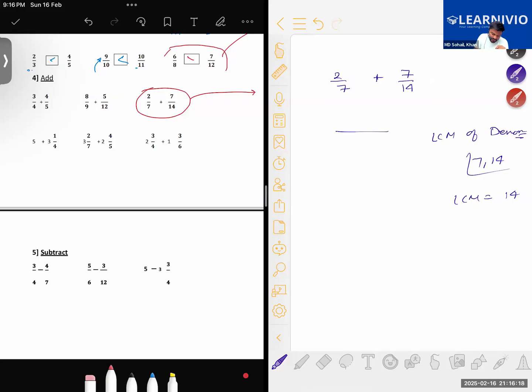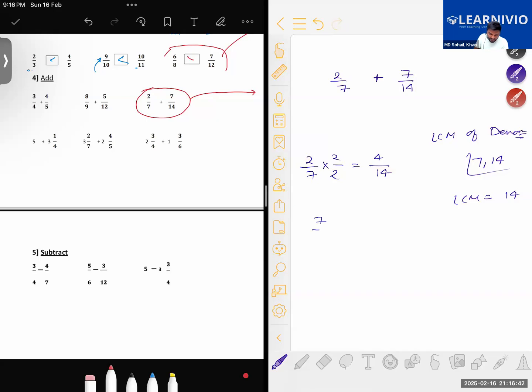Then you convert the fractions to denominator 14. Basically 2 upon 7 should be multiplied by which number to get 14 as the denominator? You multiply 7 by 2, so the numerator will also be multiplied by 2. Hence you get 4 upon 14. Getting it?